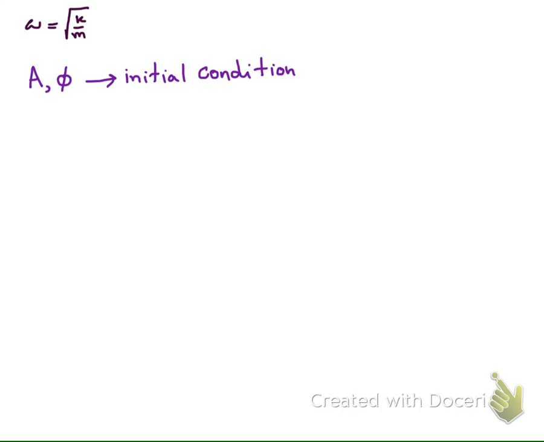The initial condition of the motion, and what we mean by the initial condition, is the value of the position at time equal to 0 and the velocity at time equal to 0.